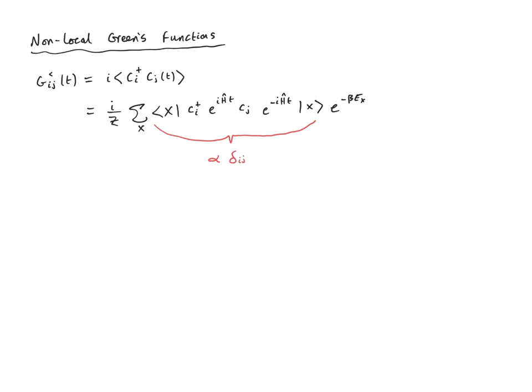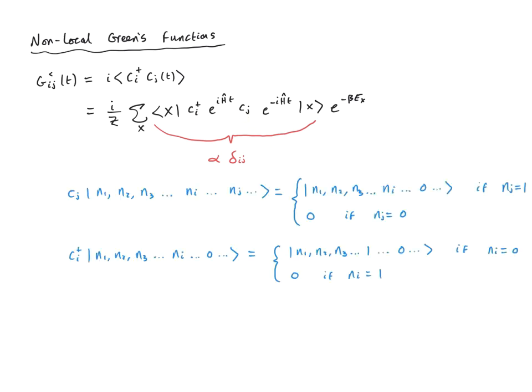We can now immediately see that this entire matrix element here is proportional to the Kronecker delta, delta ij. That means that this object is precisely equal to 0 if i and j are not the same. This can be understood by imagining the action of a c j annihilation operator for site j upon some arbitrary ket, which I've labelled here in the occupation basis.